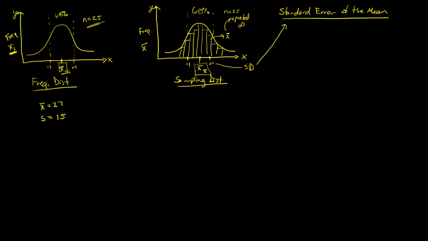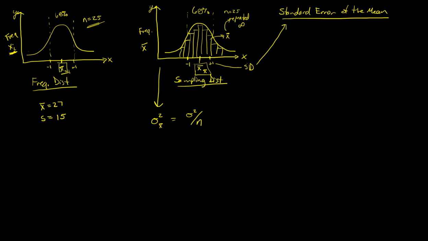So let's go over the theoretical background. If you wanted to calculate the variance for this, sigma squared, and we're going to denote the variance of the mean by putting X bar as a subscript, it would be the variance of this distribution divided by n.